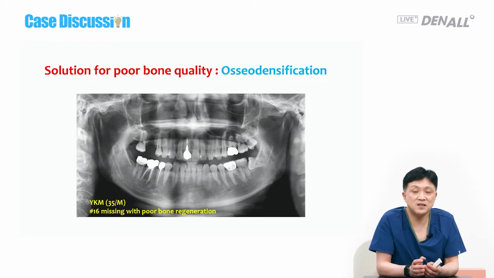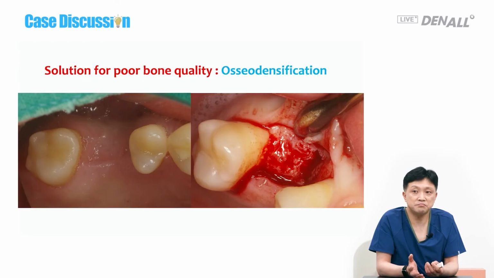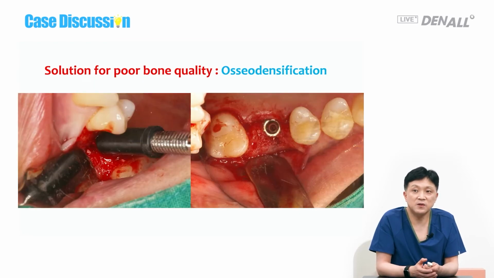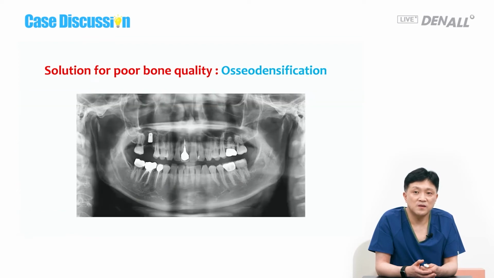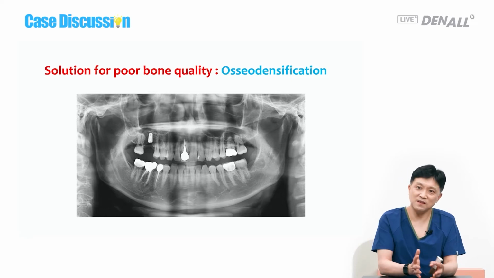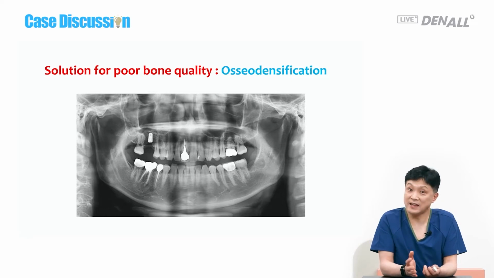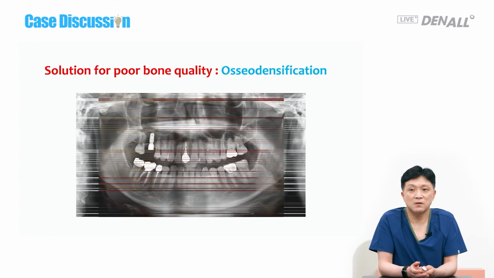Long time ago, number 16 was extracted and bone was not growing, so it is opened. Only initial drilling is done using the osteotome. PAOSFE is done here. It is continuously expanded. An implant is placed and submerged. Using this technique, we have already used the osteodensification method.